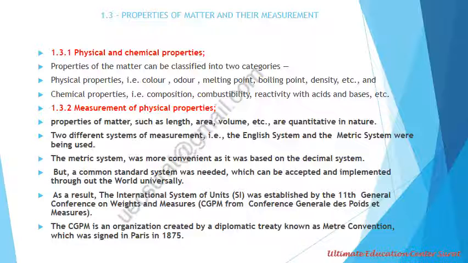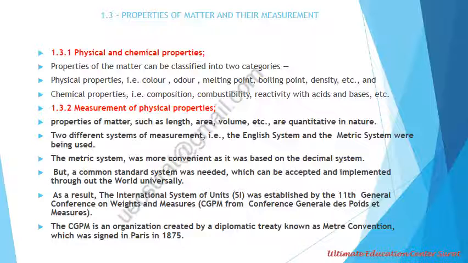The metric system was used in Asian countries while the English system was used in European countries. The metric system was more convenient as it was based on the decimal system, but commonly the scientists and chemists needed a universally accepted system which can be implemented throughout the world.